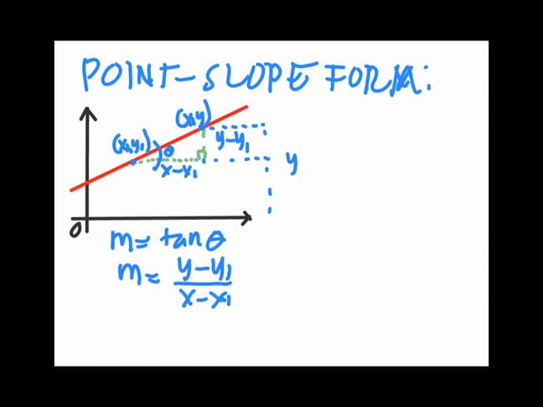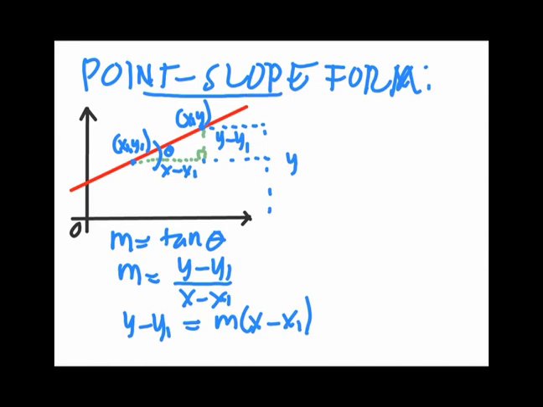This will yield the equation of the line, y minus y1 equals m times x minus x1. This is called the point-slope form of the equation of the line.